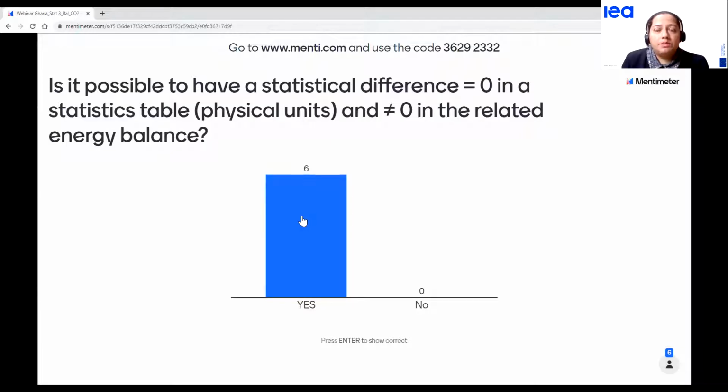Is it possible to have a statistical difference? When we say, is it possible here, we are really thinking about the methodology and definition. Think about it: if you did not have it in the physical unit, should you have it in the energy balance?